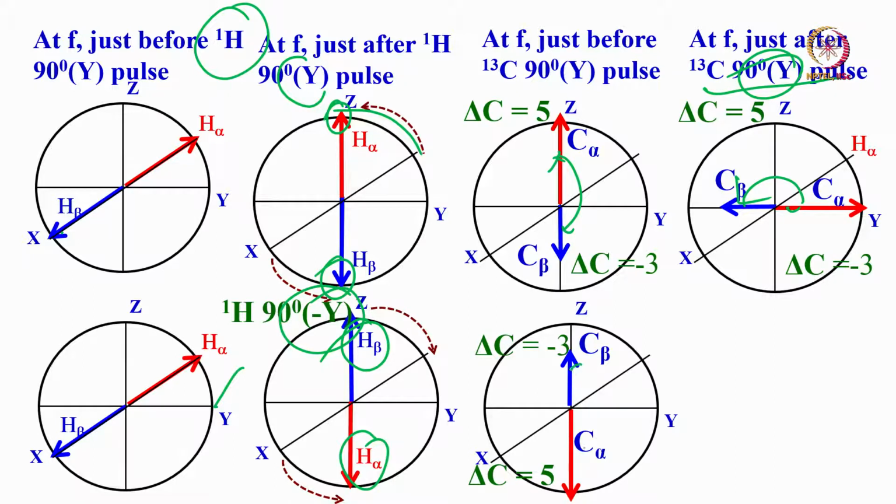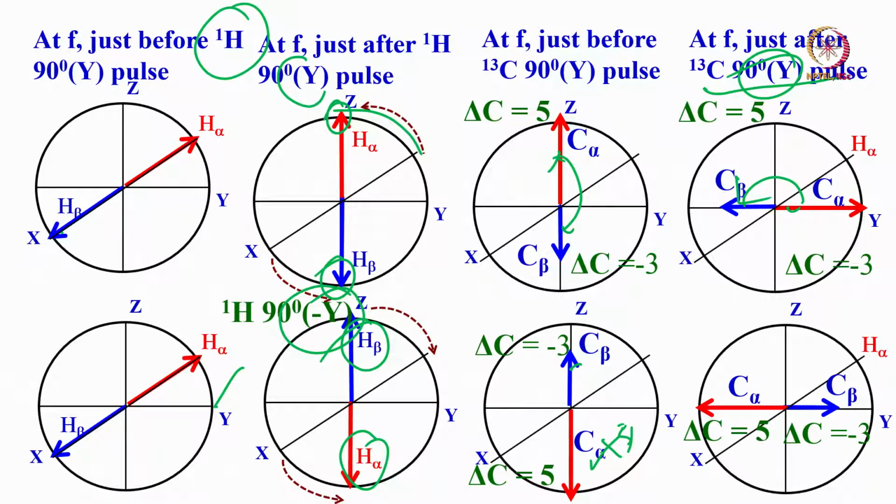Now this will become minus 3, this will become plus 5, and when you apply the carbon 13 90 pulse, this minus 3 comes here and plus 5 comes here. What happened? In one experiment the minus 3 component was here, the plus component was along the plus y axis. In the other experiment, when you apply the minus y pulse, plus 5 came along this axis and minus 3 came along this axis.